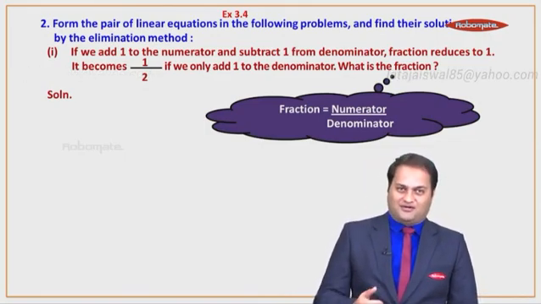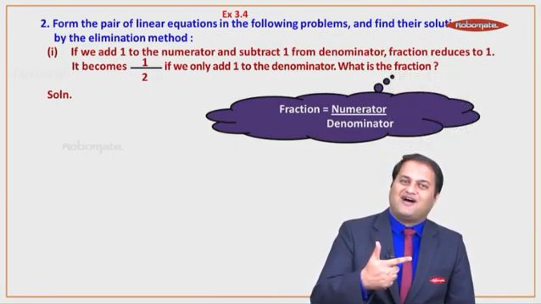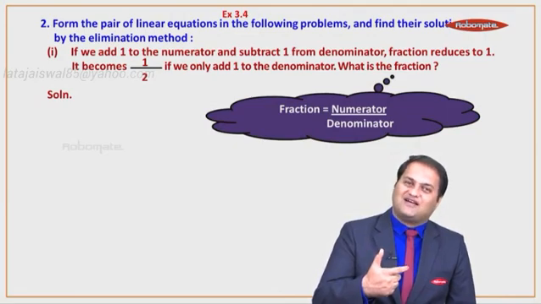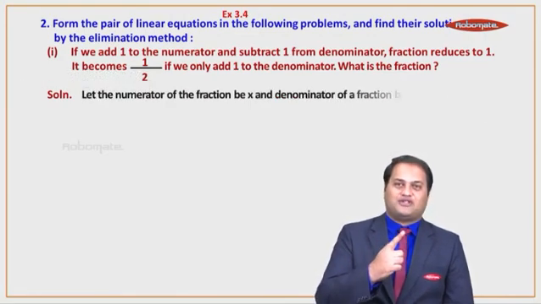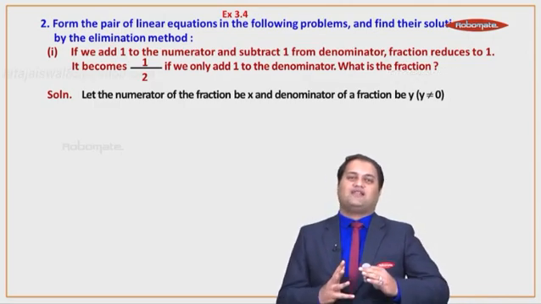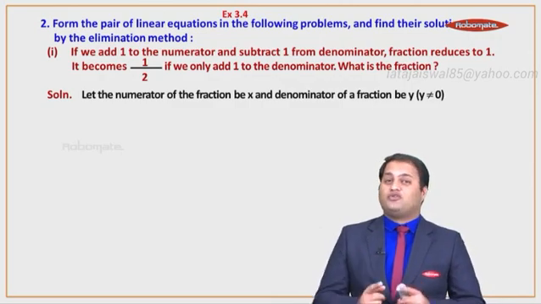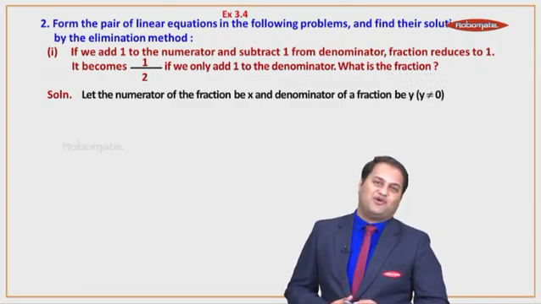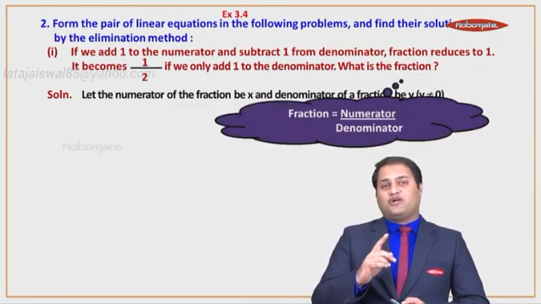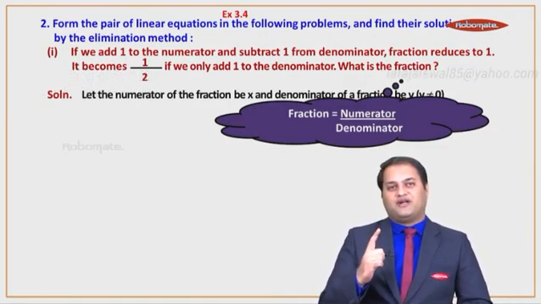So how to start? There are two unknowns, the numerator and the denominator. Assume one of the unknowns as x, and the other unknown as y. So how do we start the sum? Let the numerator of the fraction be x and let the denominator of the fraction be y. And y should not be equal to 0 because the denominator can never be equal to 0. Now what is a fraction? A fraction is numerator upon denominator. What is the numerator? x.